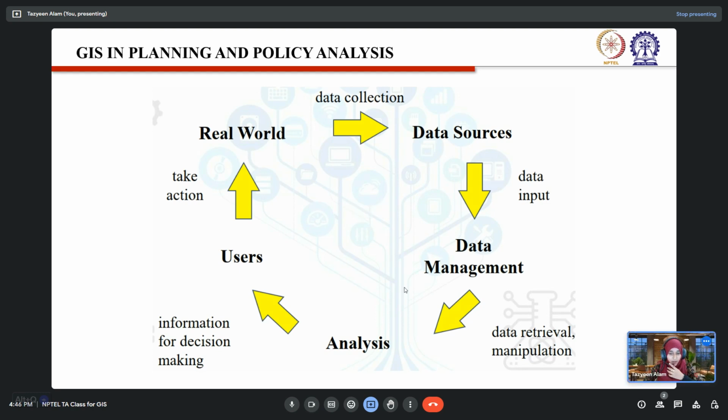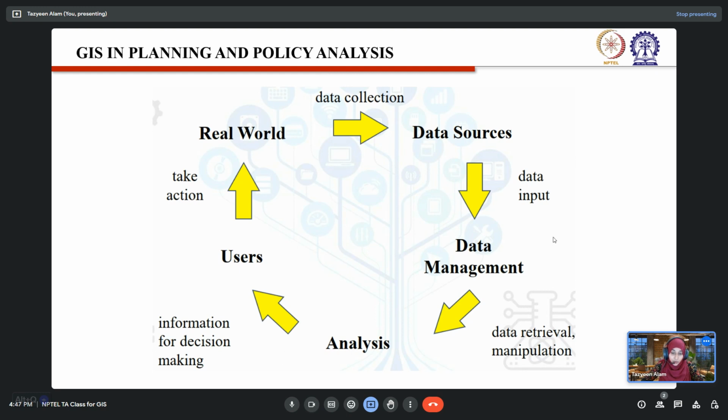Okay, I hope I'm audible. So let's get back to where we were. We were talking about GIS and planning and policy analysis. So what happens here is that first we go to the real world and we collect our data. Based on our data resources, we have to maintain a certain data, so we have a database management system.